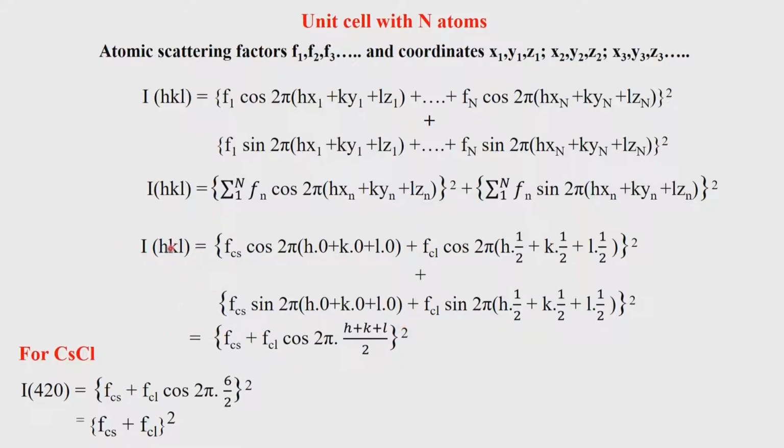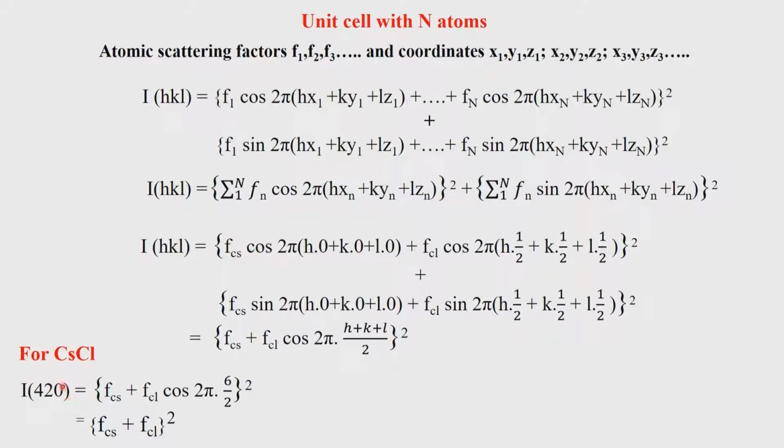So, all possible HKL planes which come out from the cesium chloride diffraction experiments can be calculated, and this particular value is now an absolute value because we are reading out the corresponding atomic scattering contributions from individual atoms, chlorine and cesium. So, once we take an example here, we want to calculate the intensity of some plane 420.